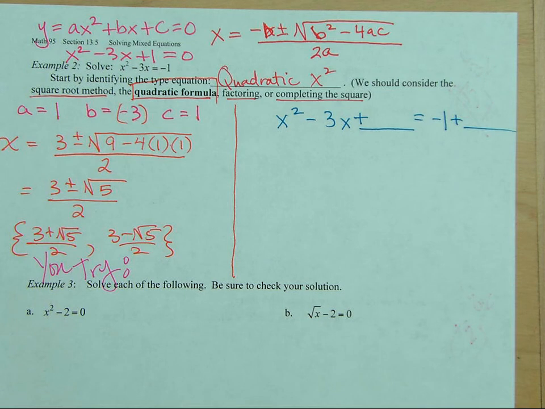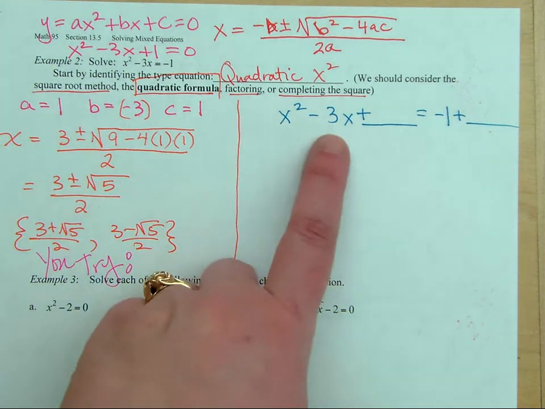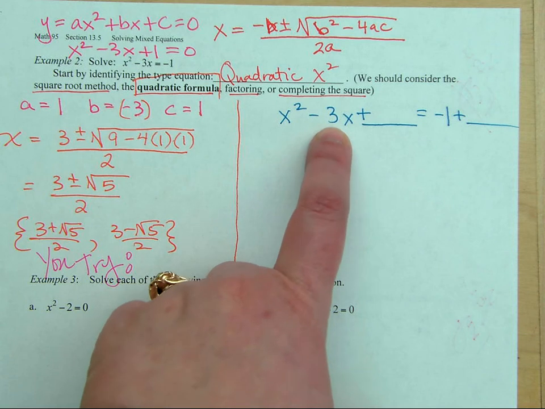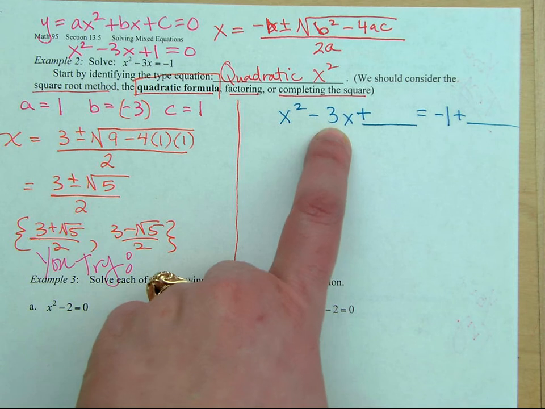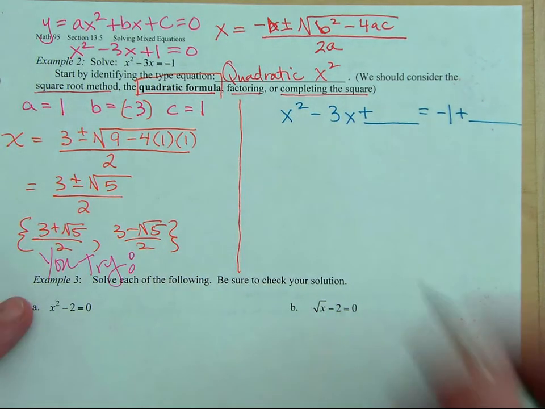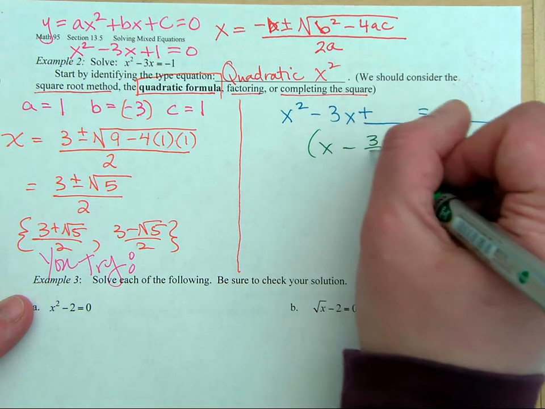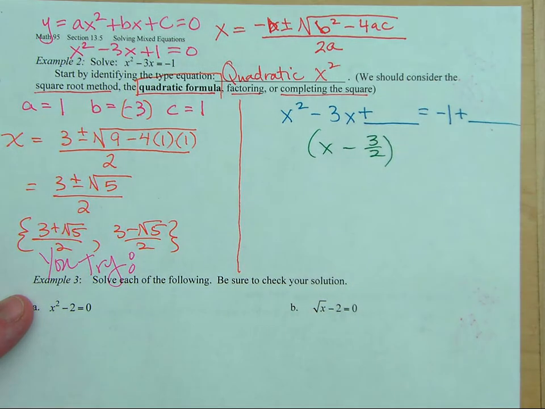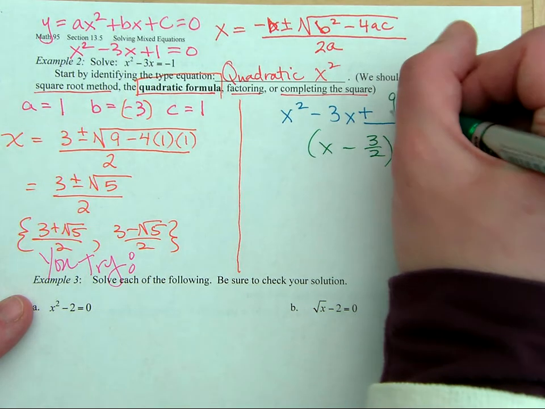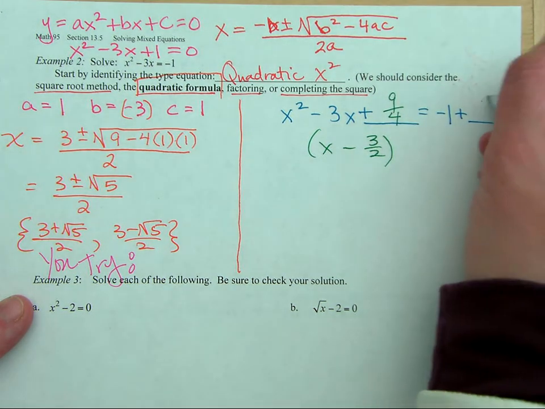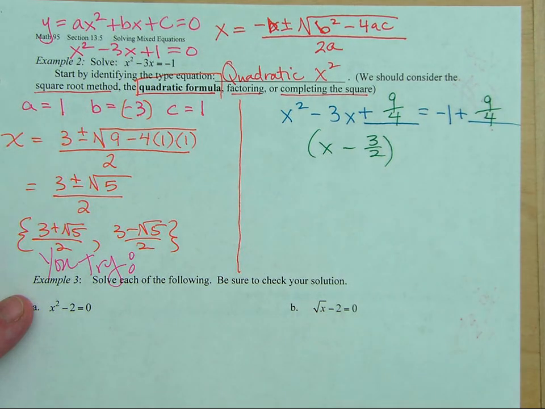All right, what would I do to complete the square? I have to take half of negative 3, which is what? 3 halves. So we end up, if we factor it, with x minus 3 halves. And if I square that, don't I get 9/4? So I'm going to add 9/4 to both sides.